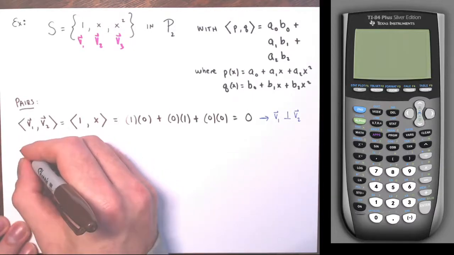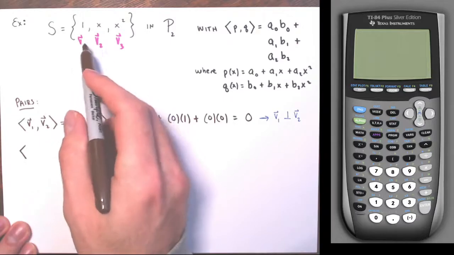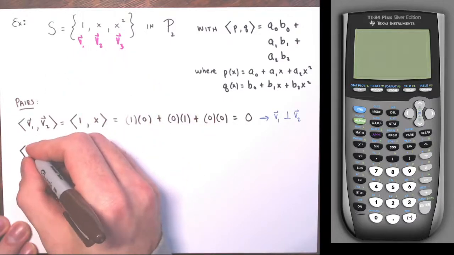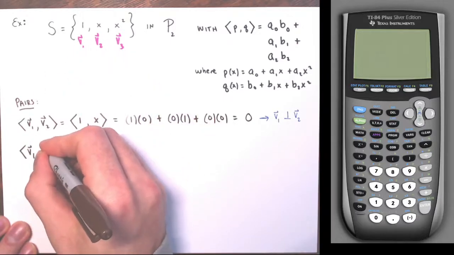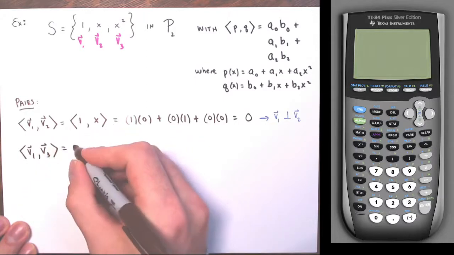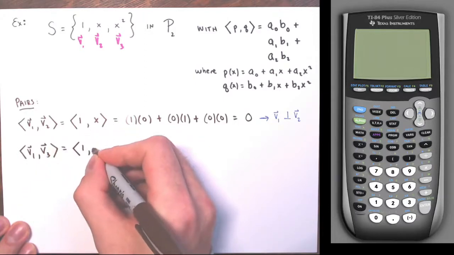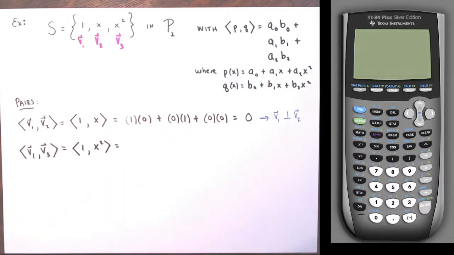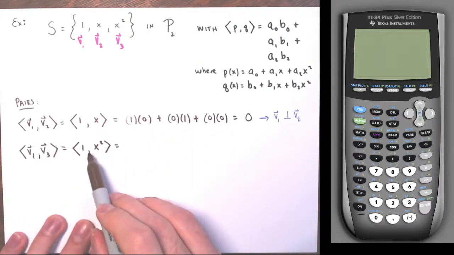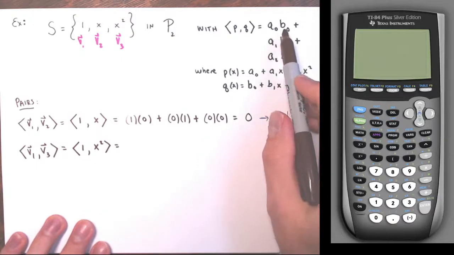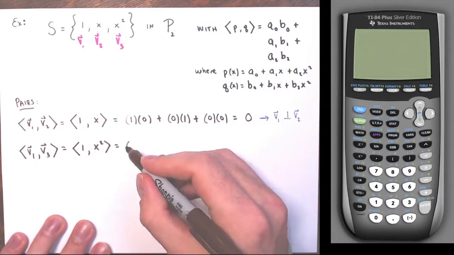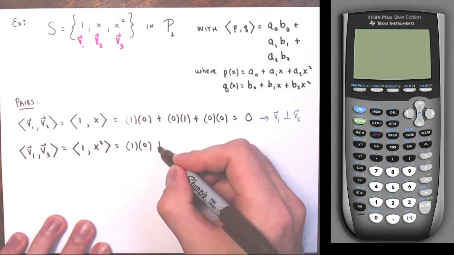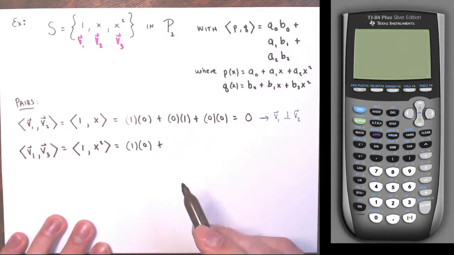Check all pairs. So how about instead of V1 with V2, now V1 with V3? I'm just being very methodical here. That's the inner product of 1 with x squared. Pretty simple. It's the product of the constants first, so 1 times 0, plus the product of the coefficients of x.